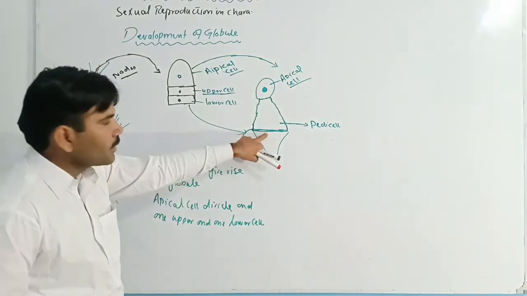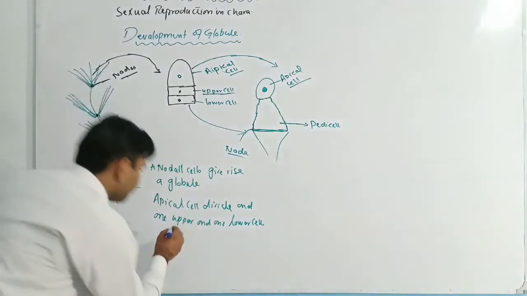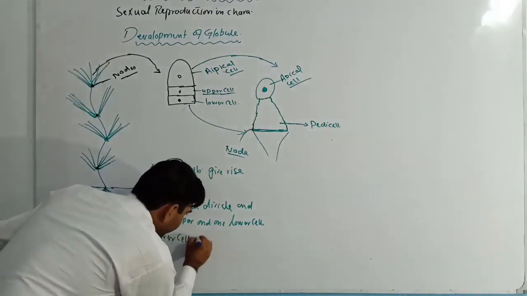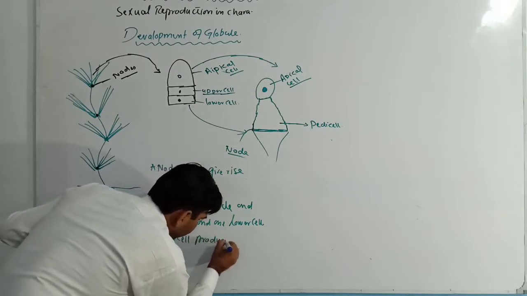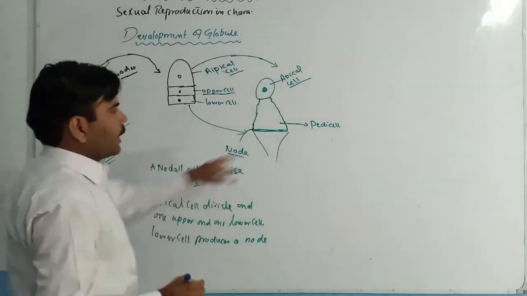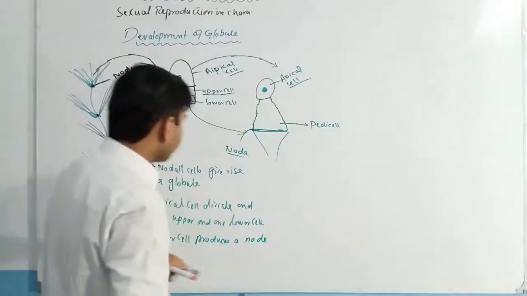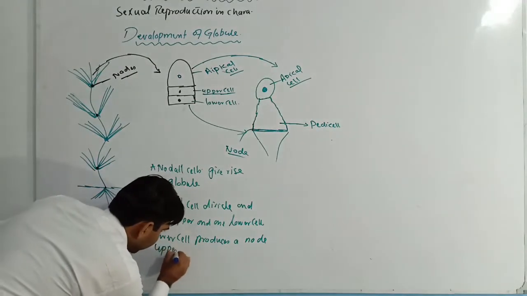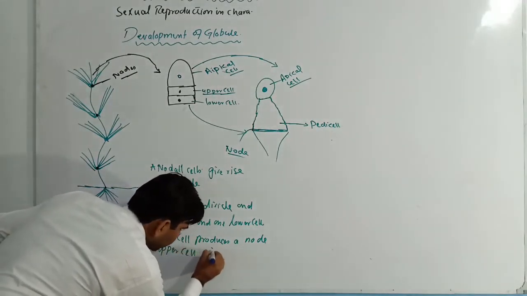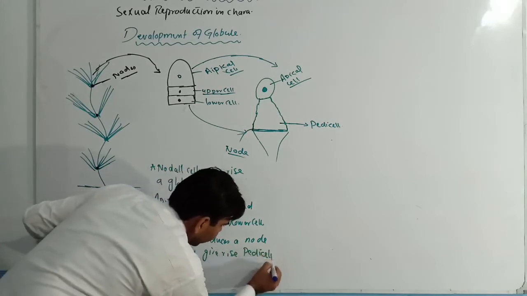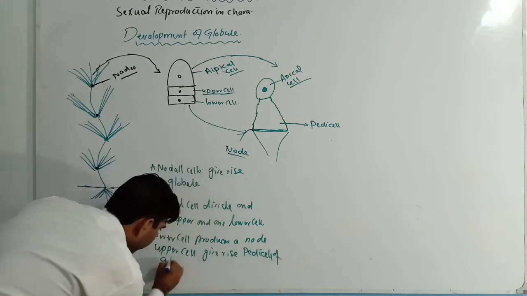The lower cell gives rise to a node, and the upper cell gives rise to the pedicel of the globule.